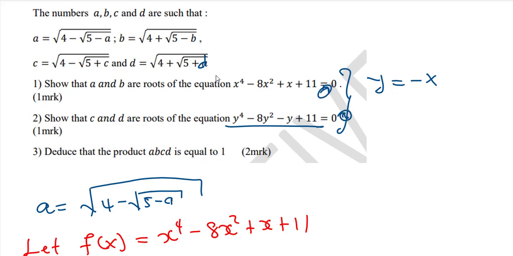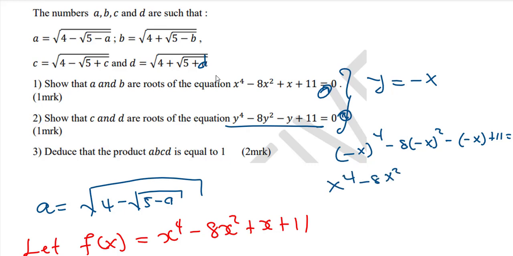If I replace it here, it means I will have negative x all of that raised to the power 4 minus 8 into negative x all of that squared, that will be minus negative x plus 11 equal to 0. So what do we realize? We see we have x to the 4 minus 8x squared plus x plus 11.